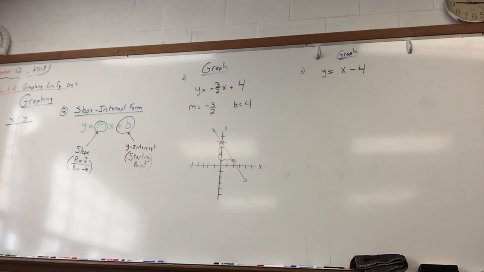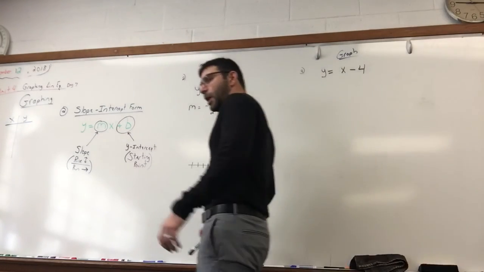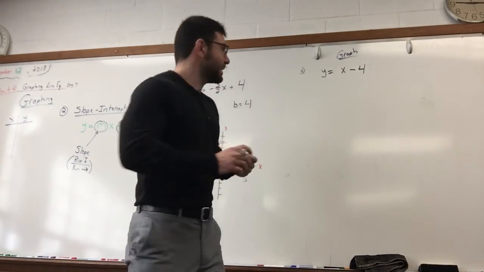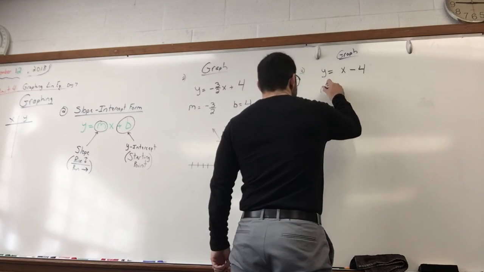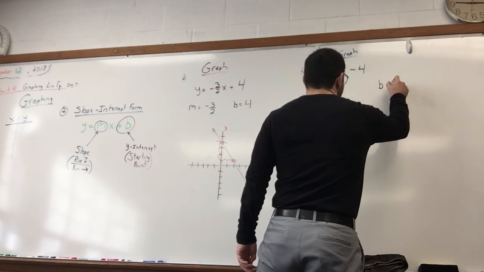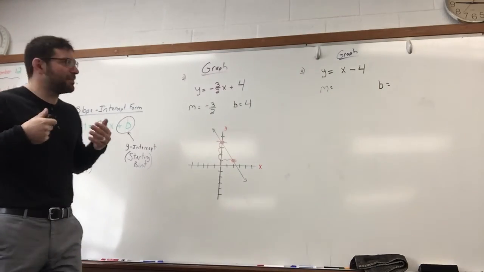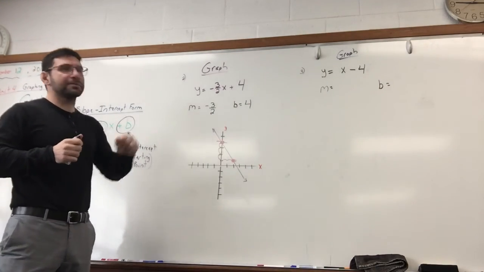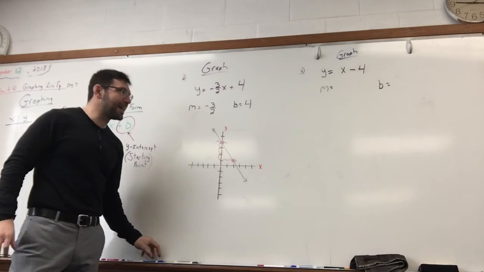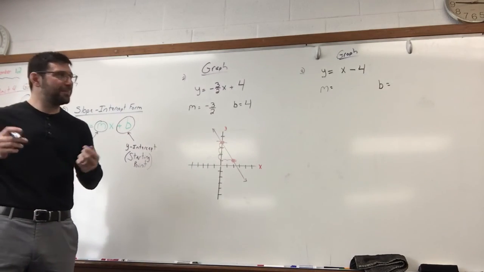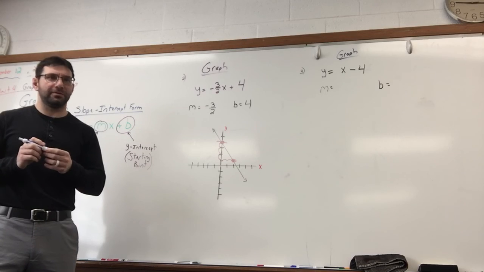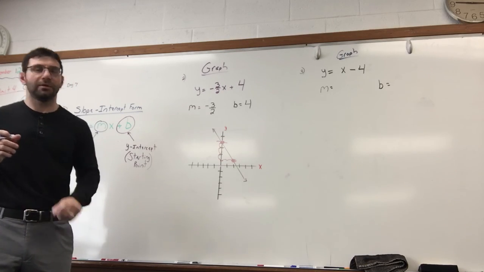Okay. This one's a little bit trickier. All I want to know first is what is my slope, which is M. What is my y-intercept, which is my B? And I have a problem. I don't see a number with my x. How many x's do I have there? Haley? 1.